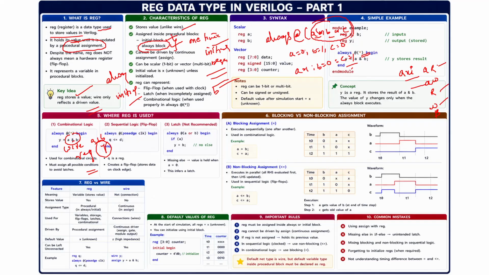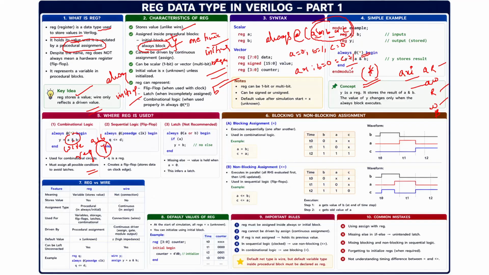If I forgot to list some signal, I use the star, and the star will consider all the signals. No need to mention A, B, C, D up to X, Y, Z; just mention the star, and the star will take care of all the values.